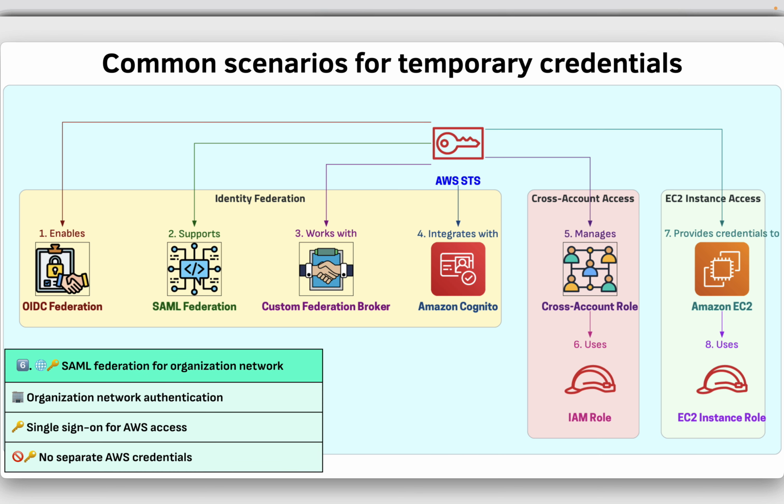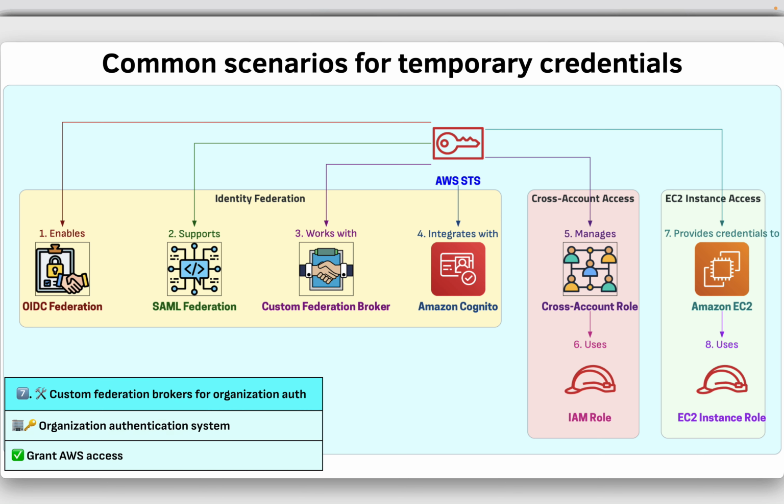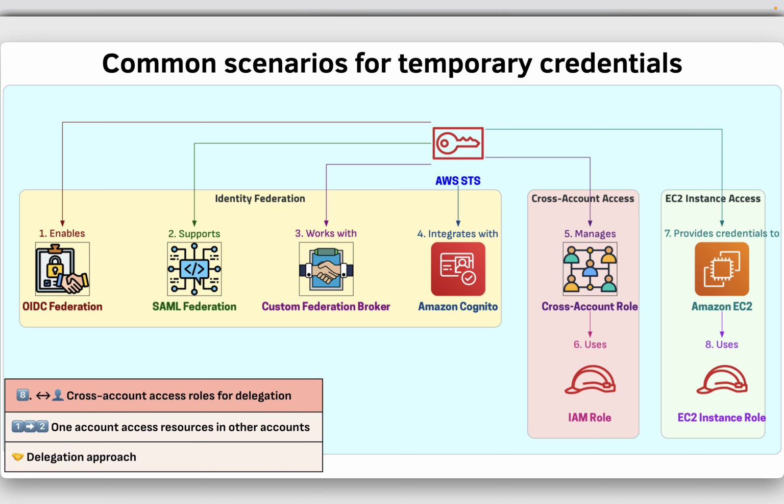SAML Federation allows users authenticated within an organization's network to gain AWS access through single sign-on without requiring separate AWS credentials. Custom federation brokers can be implemented to grant AWS access using an organization's existing authentication system.